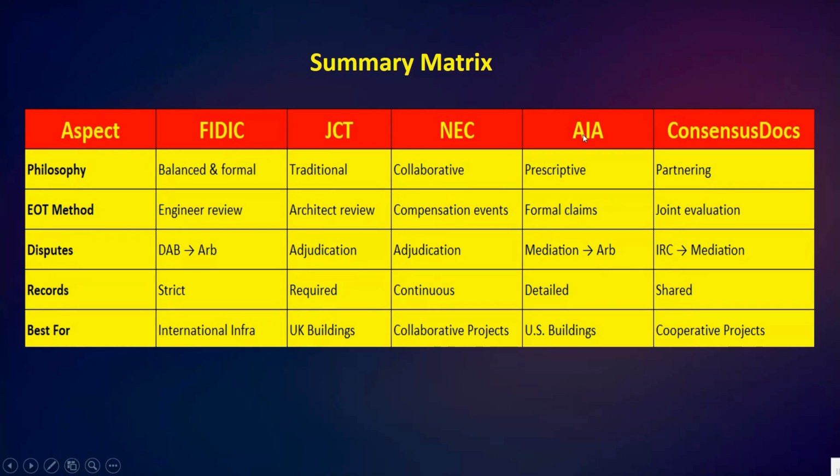NEC is collaborative and ideal for complex or partnership driven projects. Then next we have AIA. AIA, you can say, is prescriptive, structured, and common in US building contracts. In the last we have the consensus docs. You can say it has a partnering approach, promoting trust and joint problem solving.